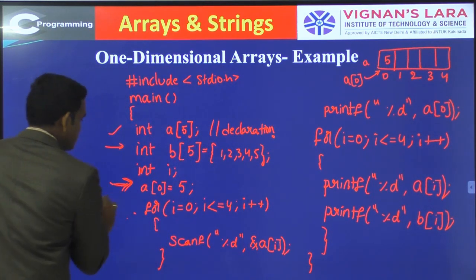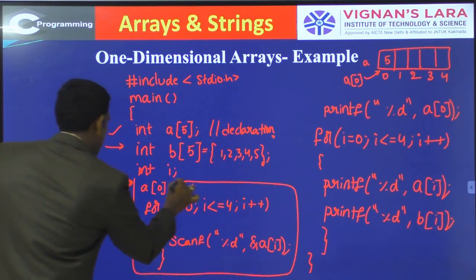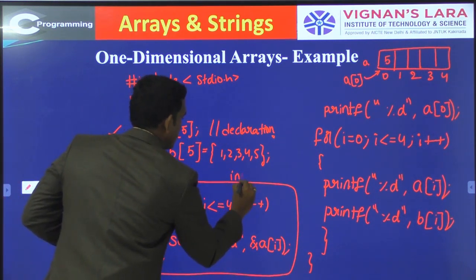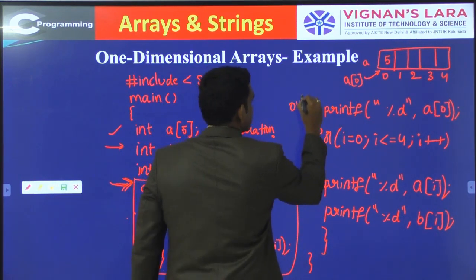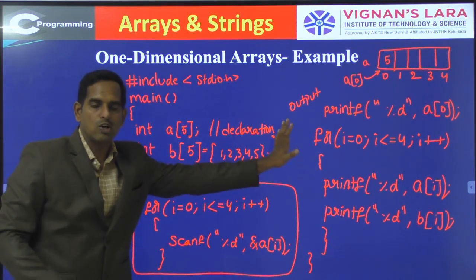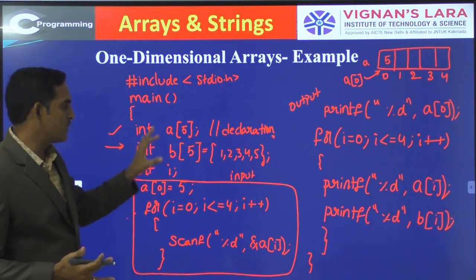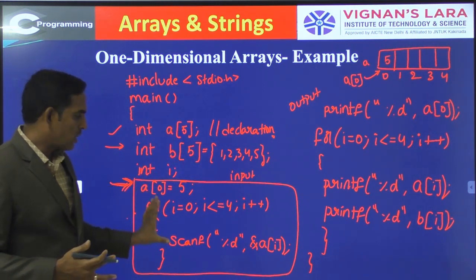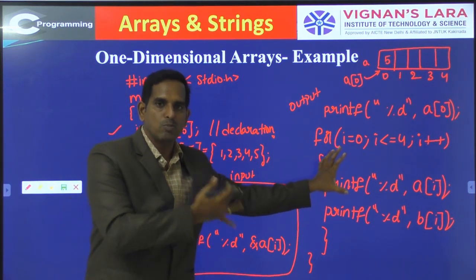This part is the input of your array, and this part is the output part. So: declaration, input, output. Each and every program will have this basic methodology where you have to declare your array, give input into your array, and provide output for your array.